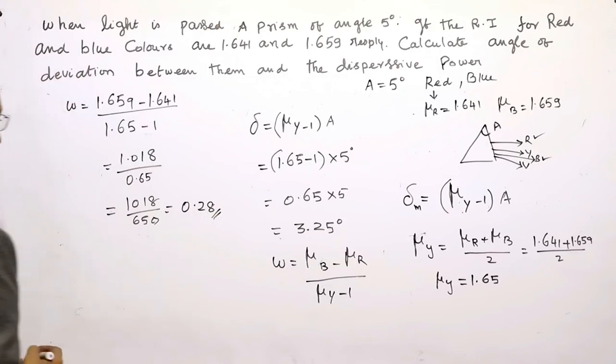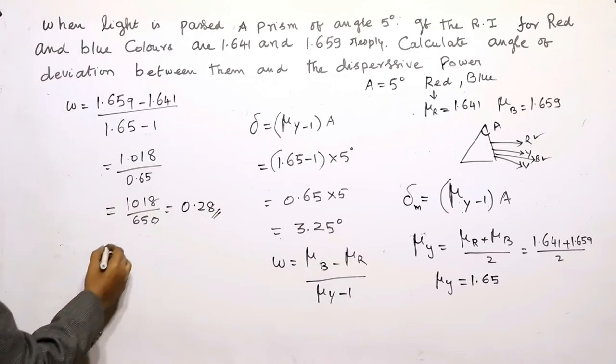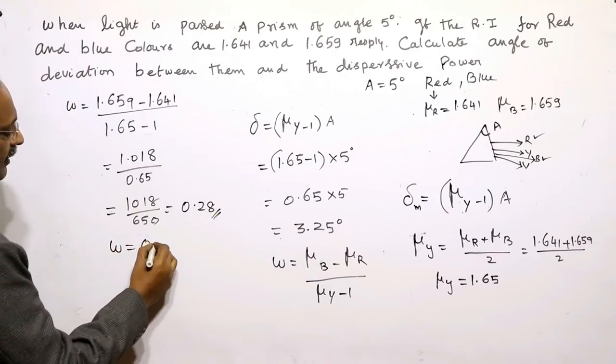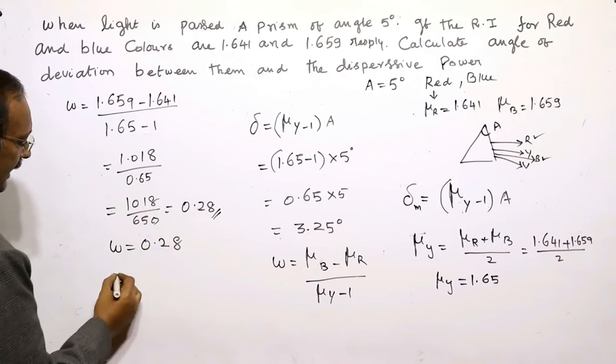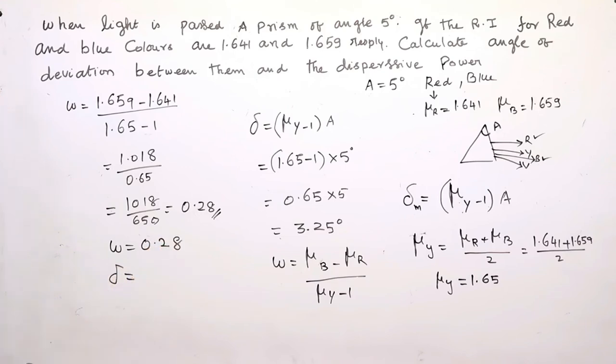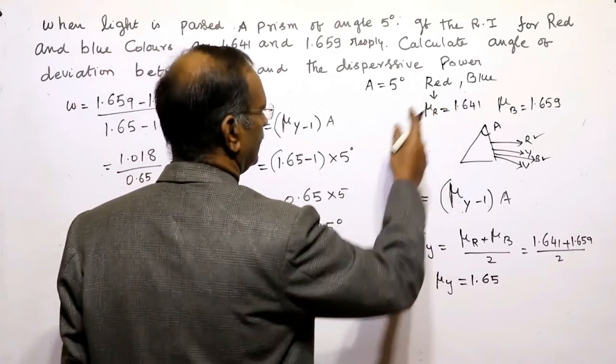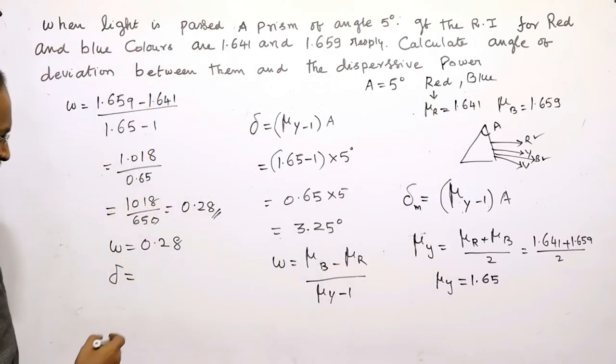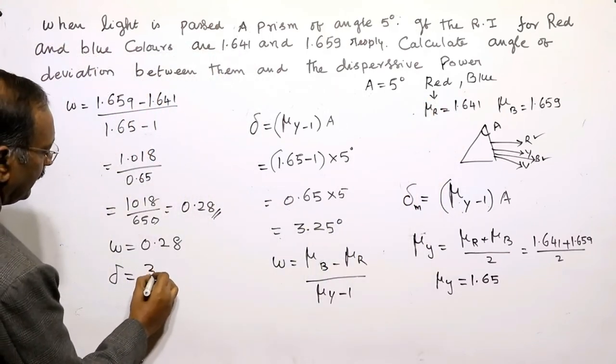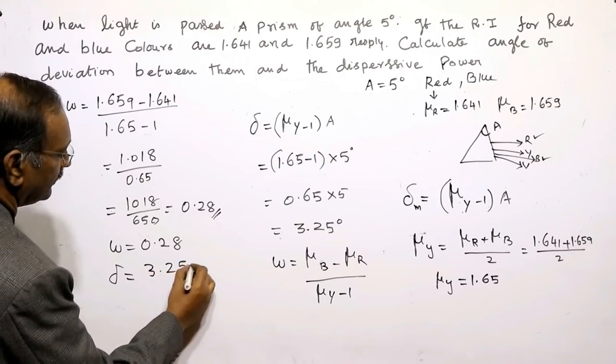So the dispersive power is 0.028, and the mean angle of deviation between the blue and red color is 3.25 degrees.